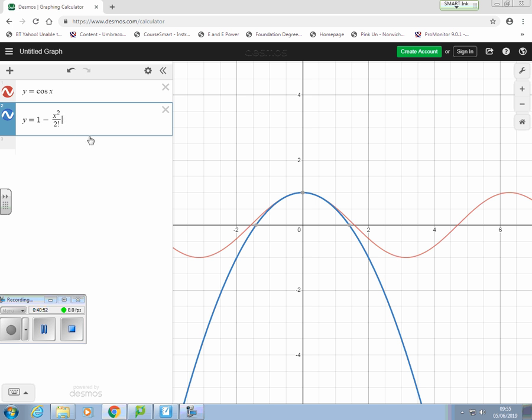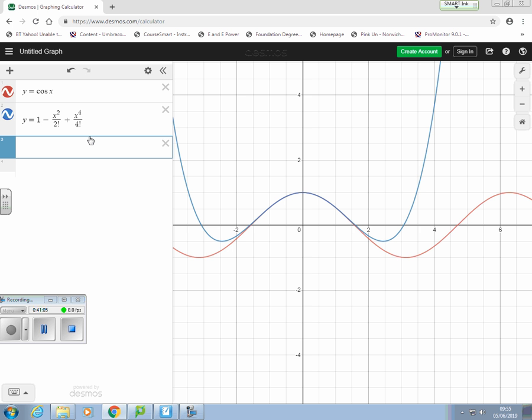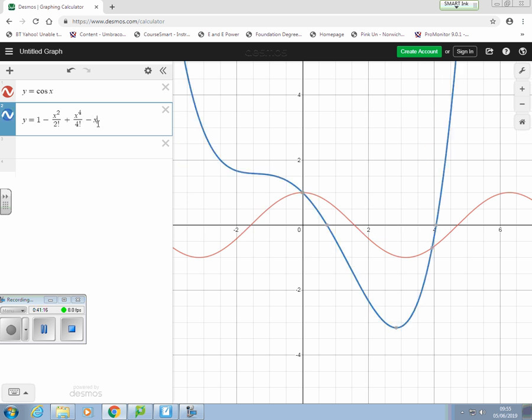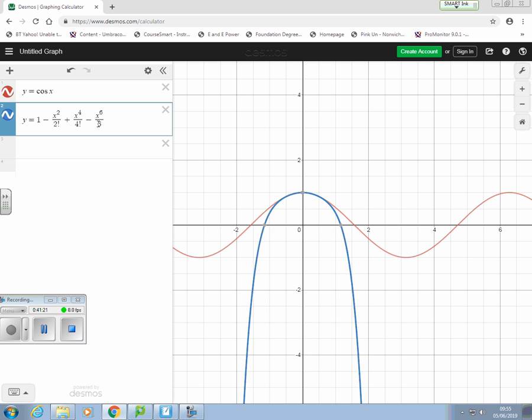If I now add in the next term, so that's x to the power of 4 over 4 factorial, comes in again, and then it was minus x to the power of 6 over 6 factorial. As we add terms, you get closer and closer to the actual function.